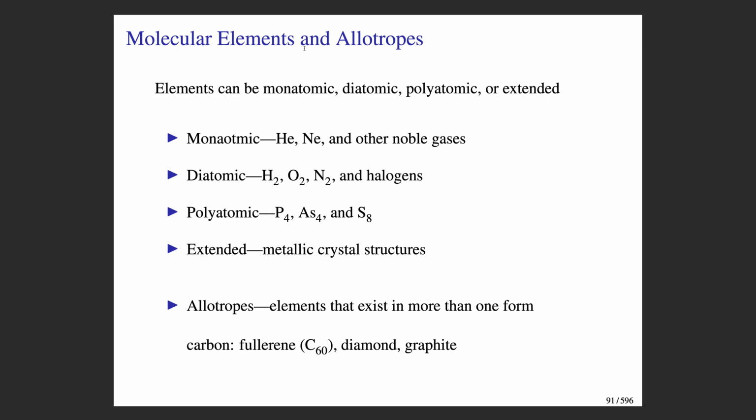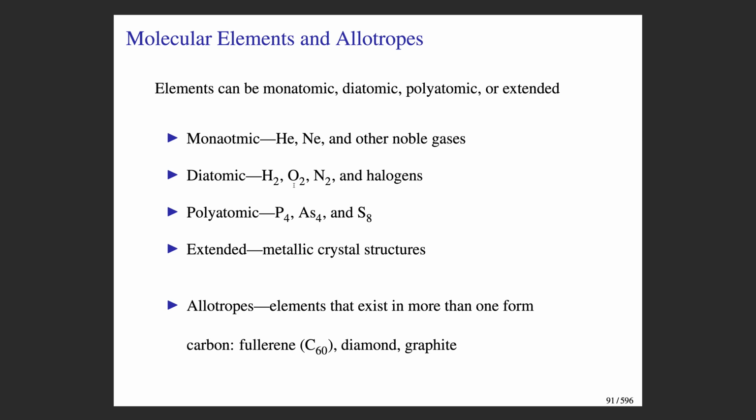I also need to define for you the term allotrope. So it turns out that elements can exist in more than one form. So for example, we have diatomic oxygen, but you could also have monoatomic oxygen as well. It does exist, and so that's a different form of oxygen.